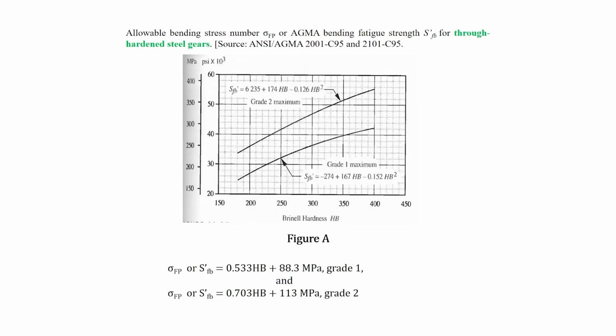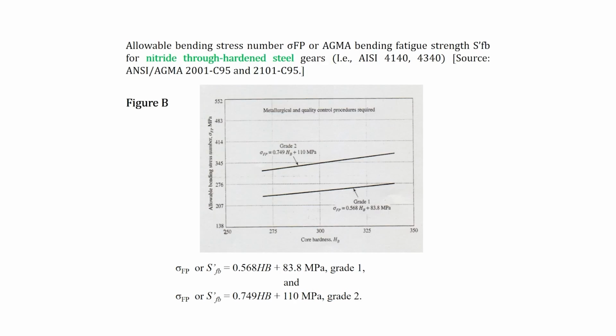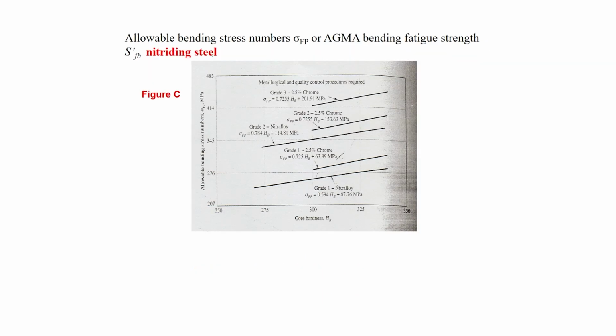So, figure A is for through hardness gear, figure B is nitride through hardness hardened gear, steel gears. Ours is a nitriding gear, and for nitralloy grade 1 we have to use this curve corresponding to the core hardness.